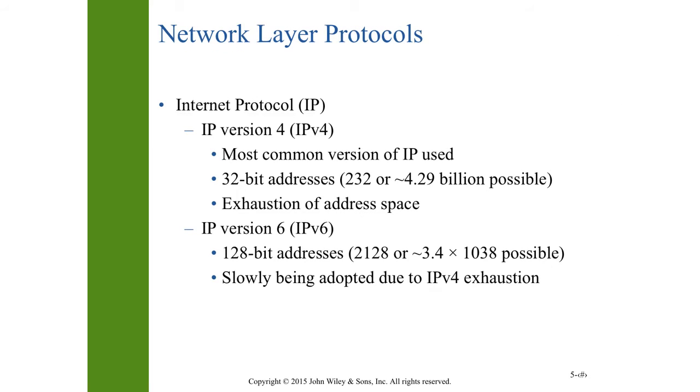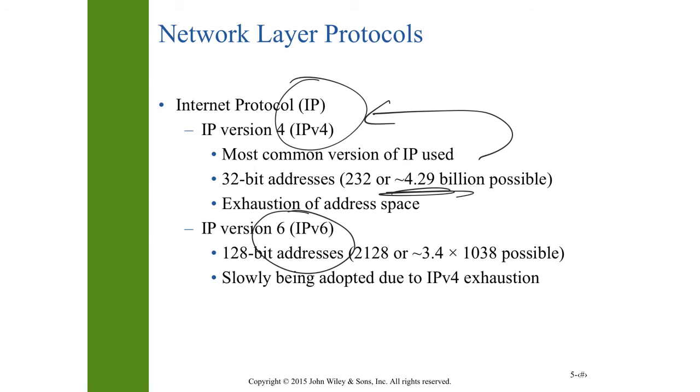I will have a separate recording about the network layer protocols and functionality, but mainly today we have IPv4, version 4, and we have IPv6, version 6. We have that many IP addresses of IPv4, and we have that many IP addresses of version 6.